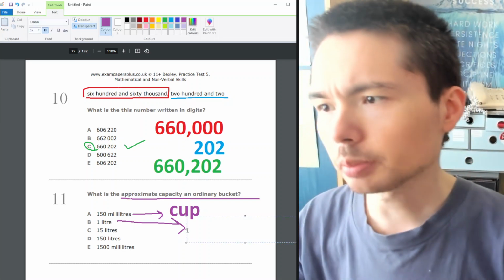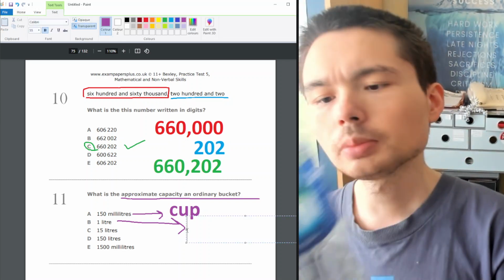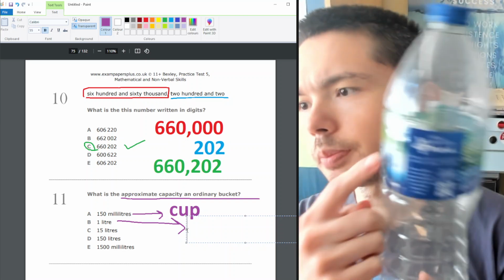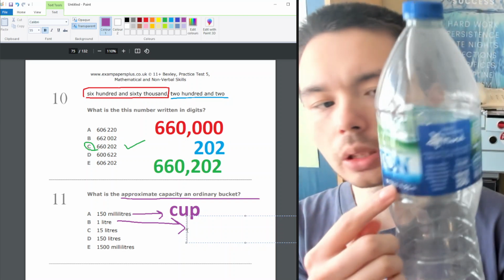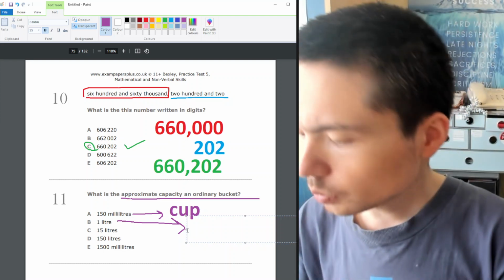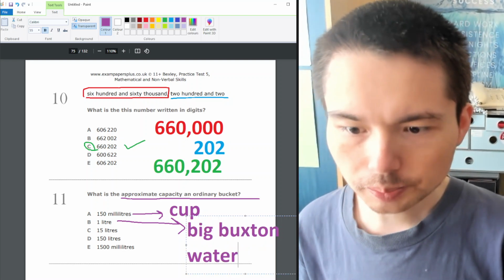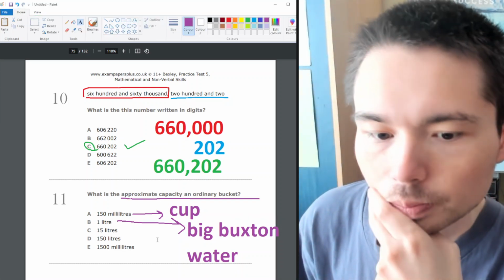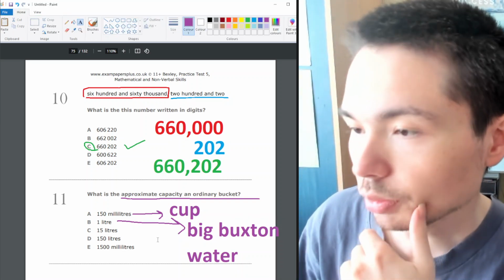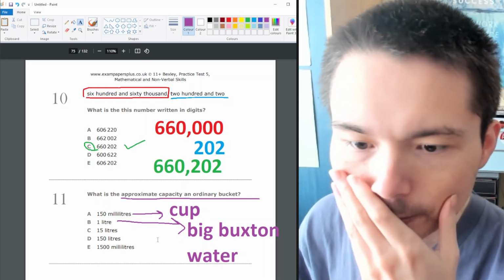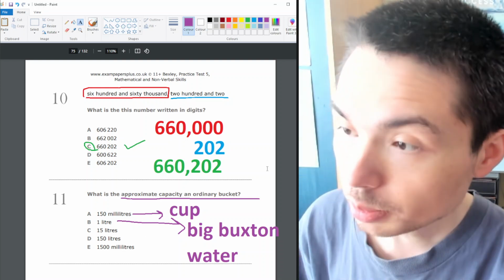I think I have one here. That one, Buxton. If I look on the side here, it should say 1.5 litres. Big Buxton water. 15 litres. Well, there's 15 of these. Too much. But then that could be a bucket.